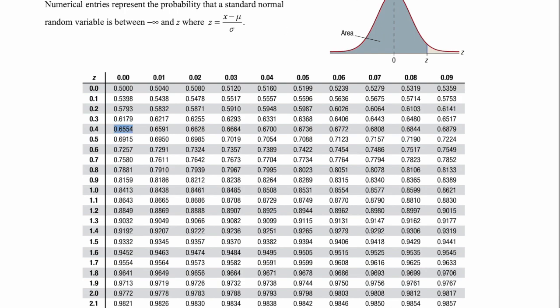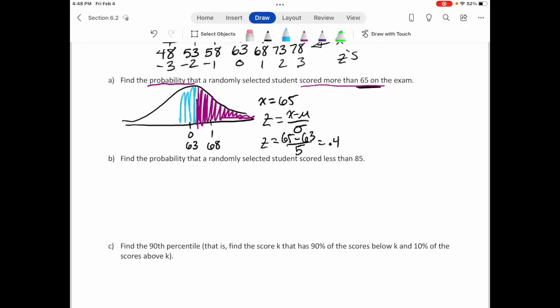0.6554. Now, because we have the area under the curve this way is 0.6554, and I want to know the area to the right, to find the probability that X is going to be greater than 65, I have to take 1 minus 0.6554, because that's the area in the purple.